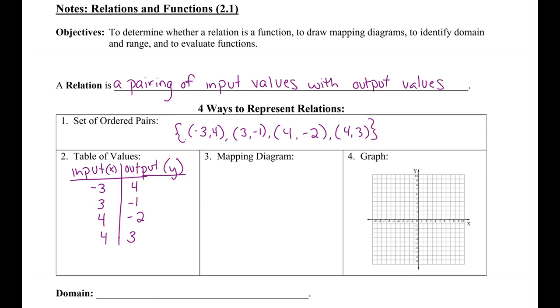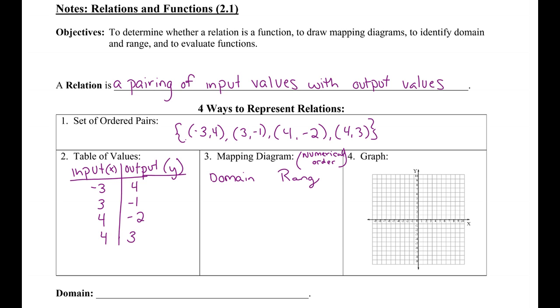The table of values can be listed in any order. However, when we look at the mapping diagrams, we need to make sure that they are in numerical order. And instead of labeling them as input and output, they're labeled as domain and range.